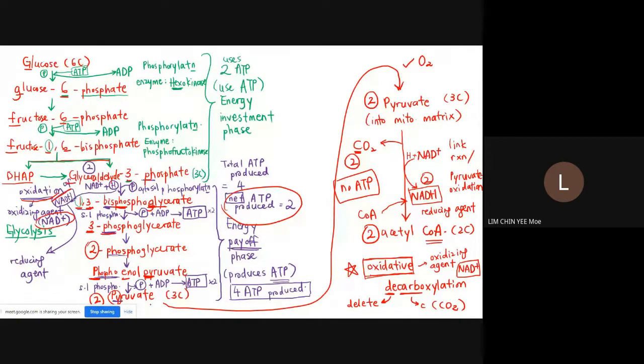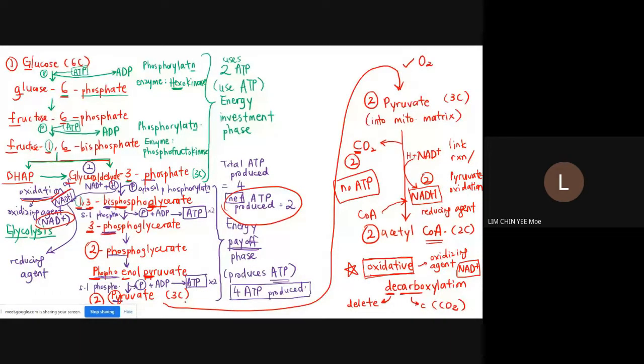That's the 10 compounds we use in glycolysis. As I already emphasized the other day, make sure you understand and remember the names first. Remember the compound names first, then the process becomes easy. So in glycolysis, from one molecule of glucose with 6 carbons, it becomes 2 molecules of pyruvate with 3 carbons.